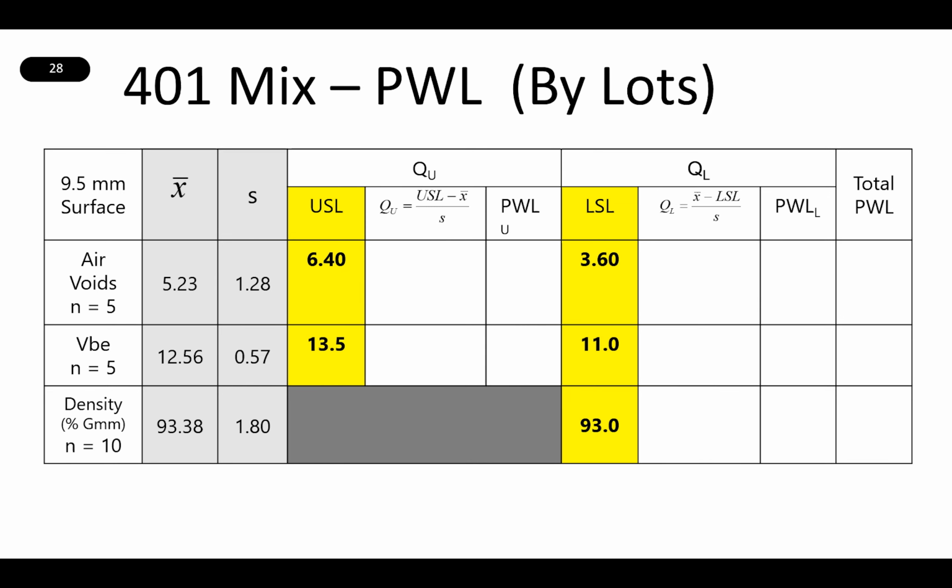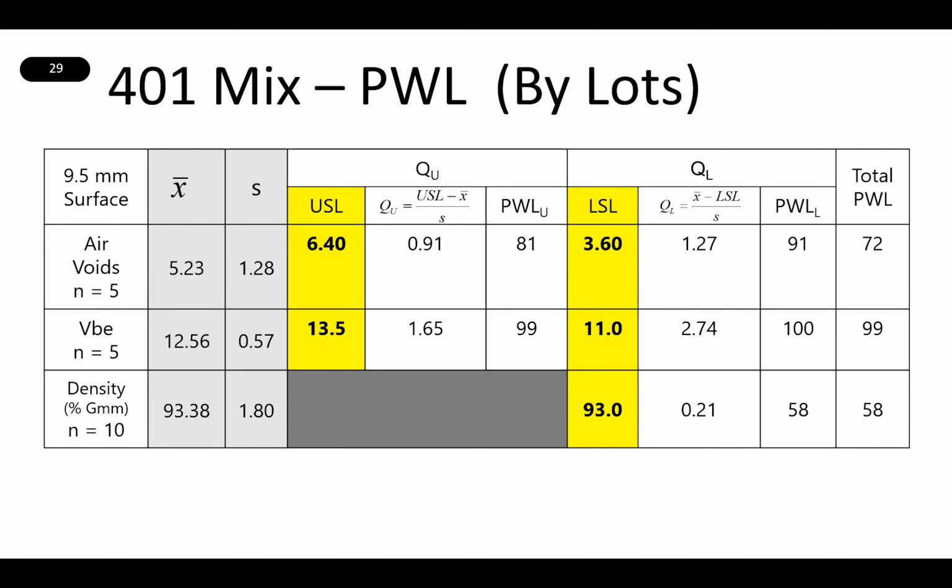So we need to use these values and the corresponding specification limits in yellow to calculate the PWL. Now, don't get too concerned about the math, but be aware this is how it's calculated. These averages go into the QU and the QL, which then correspond to a PWL upper and a PWL lower.